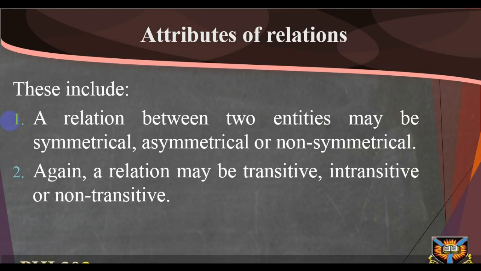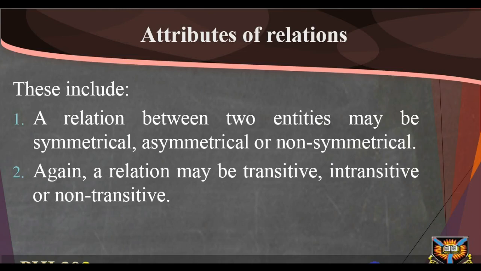A transitive relation is such that if an entity A has that relation to another B, and B has the same relation to yet another C, then A must have the same relation to C. The expression Andy is taller than John and John is taller than Patrick, then Andy is taller than Patrick expresses a transitive relation.